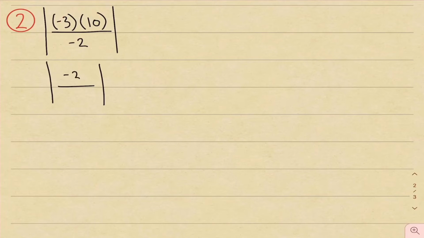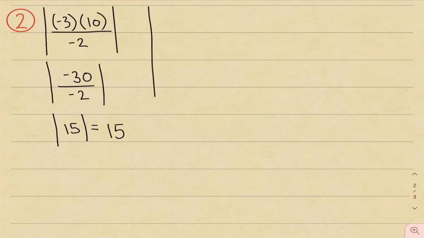That's going to be negative 30 divided by negative 2. What's negative 30 divided by negative 2? It's just positive 15. What is the absolute value of positive 15? It's just positive 15. In other words, how far is 15 from 0? 15 is far from 0 by 15.